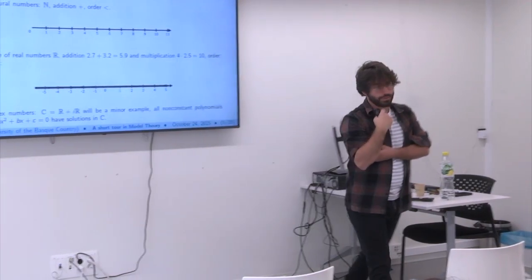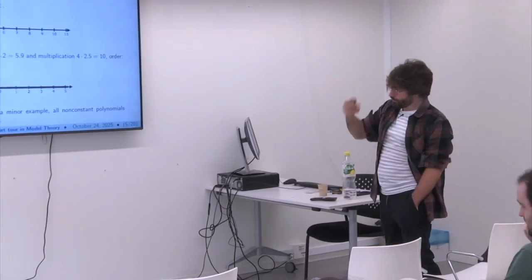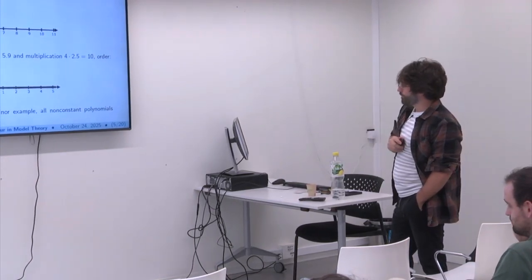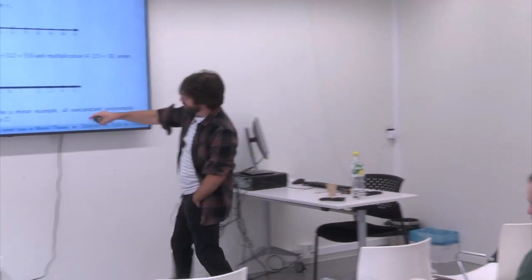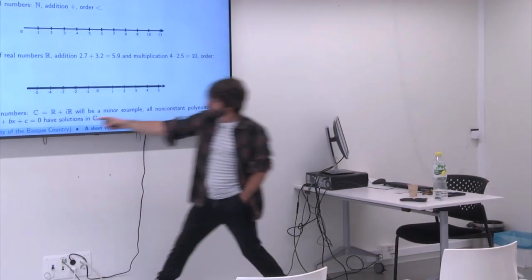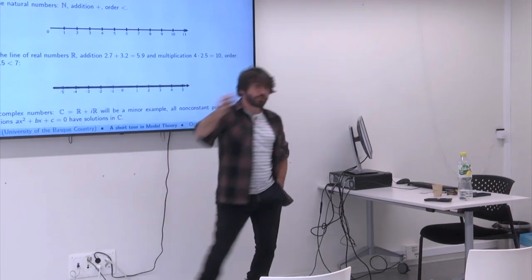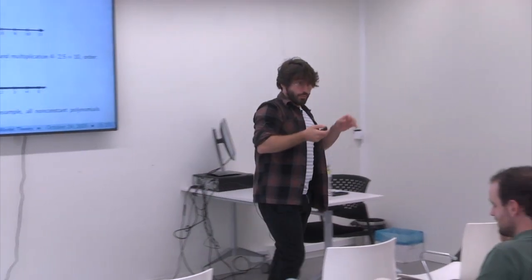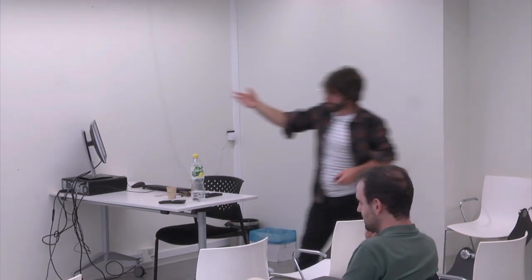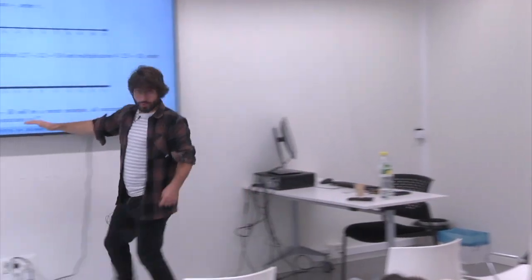People use it all the time. It's a very convenient way of seeing a little generalization of numbers. And in the complex numbers, C, every sort of equation you can make, if it's nonconstant, will always have a solution, a solution meaning a root of this polynomial.